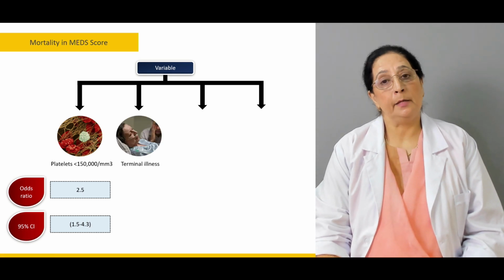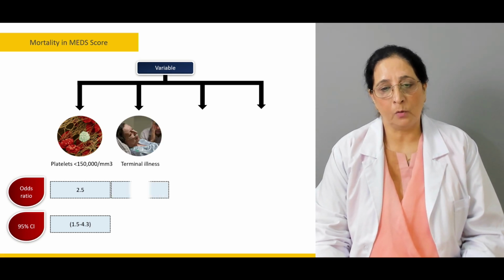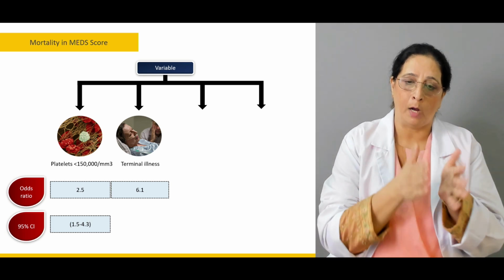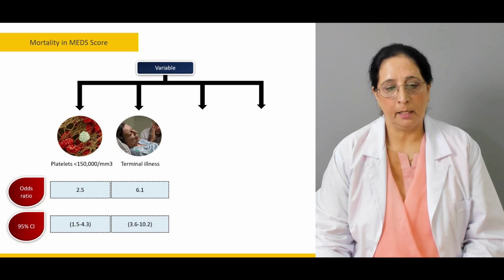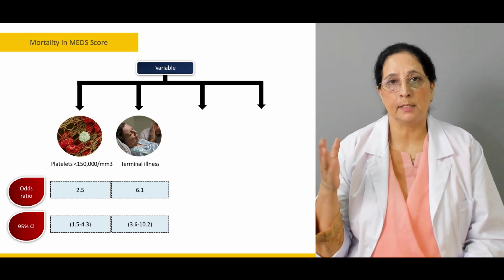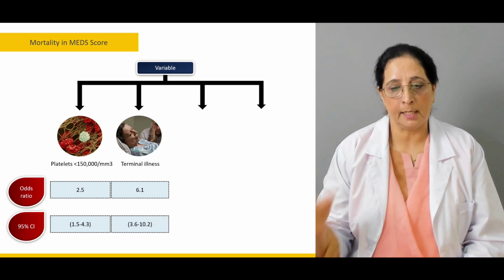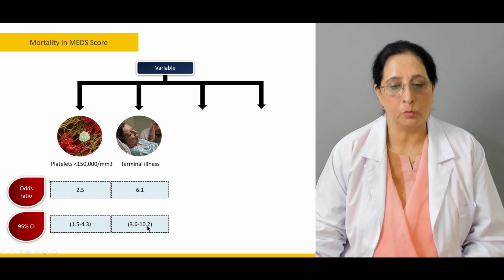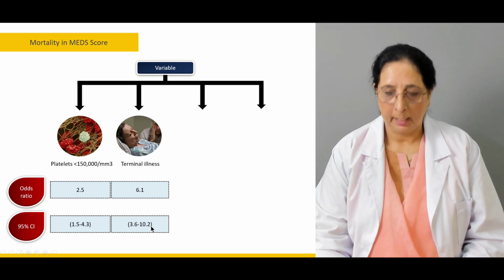Next is the terminal illness in the score. Terminal illness odds ratio is 6.1, and the 95% confidence interval is 3.6 to 10.2. So quite a high ratio in this.